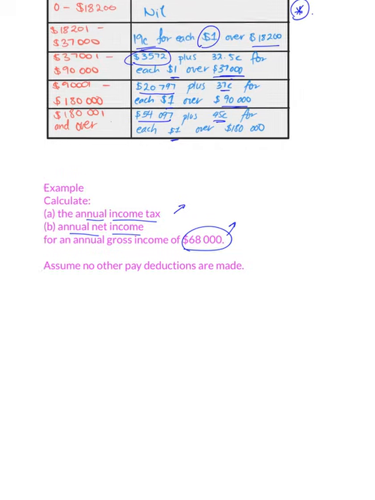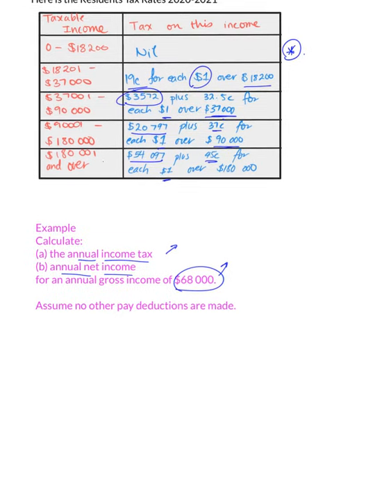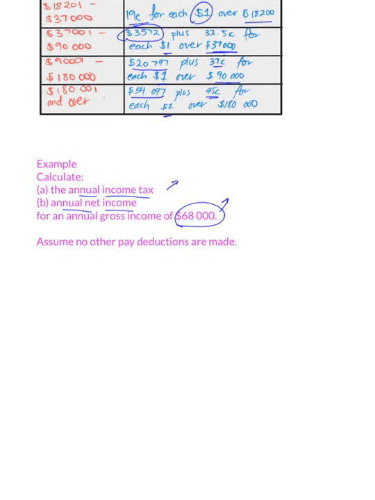So first of all, overall, you are getting paid $68,000. This is your gross income. But amongst this, a certain amount is going towards annual tax, and that's what we're going to have a look at.